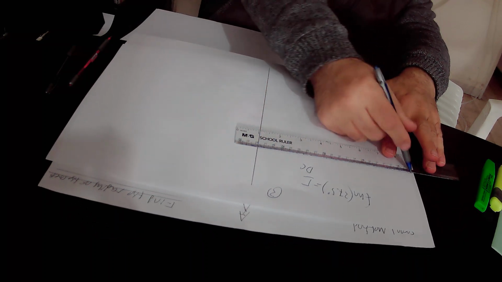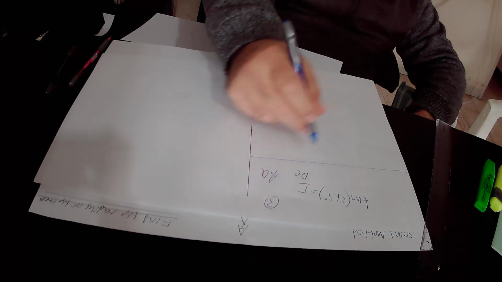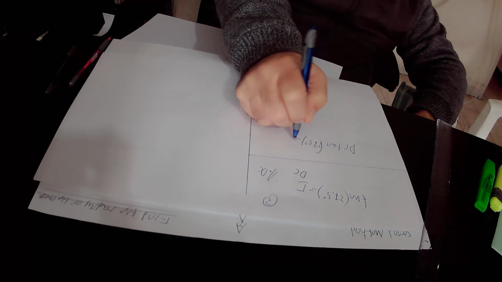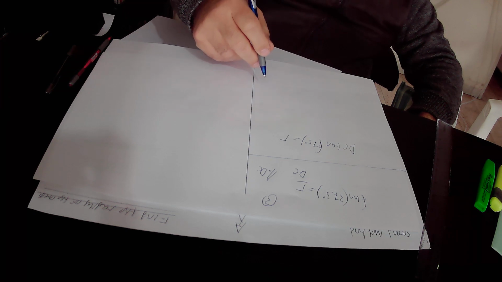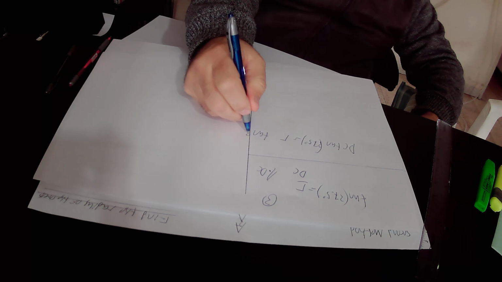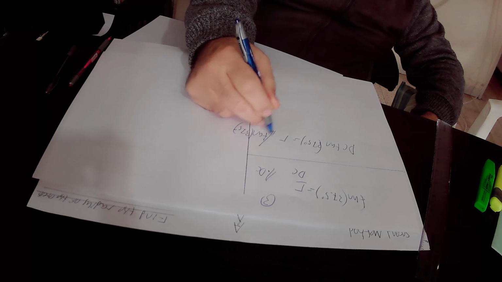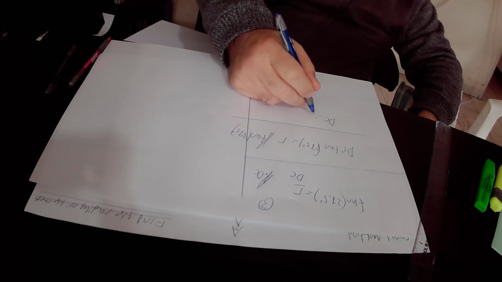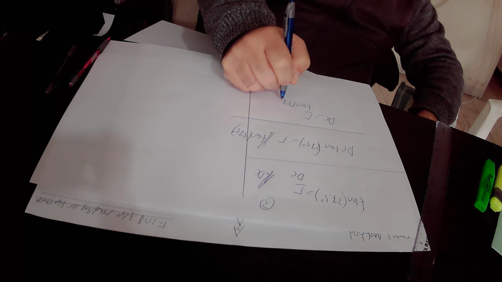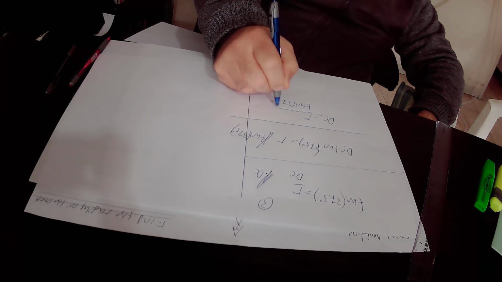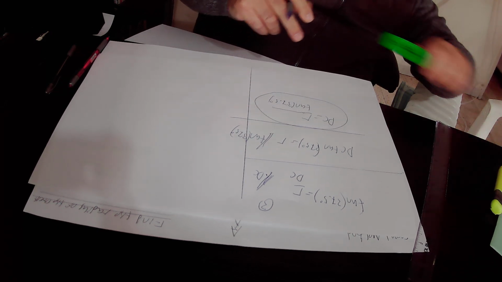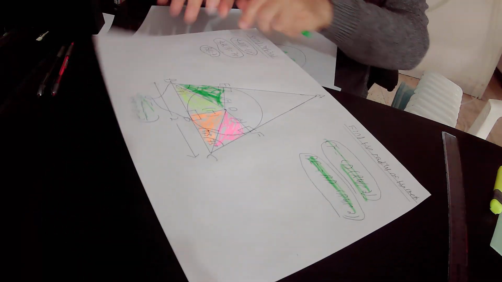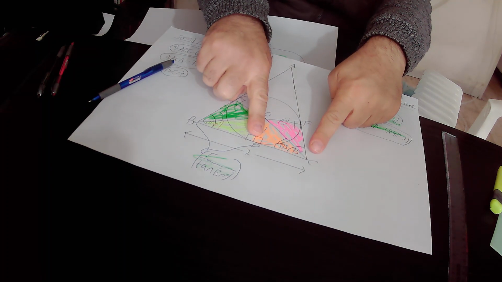Here we multiply this equation by DC, and we get DC times tangent 37.5 degrees equals R. Then we divide this equation by tangent 37.5 degrees, and we get that DC equals R over tangent 37.5 degrees.